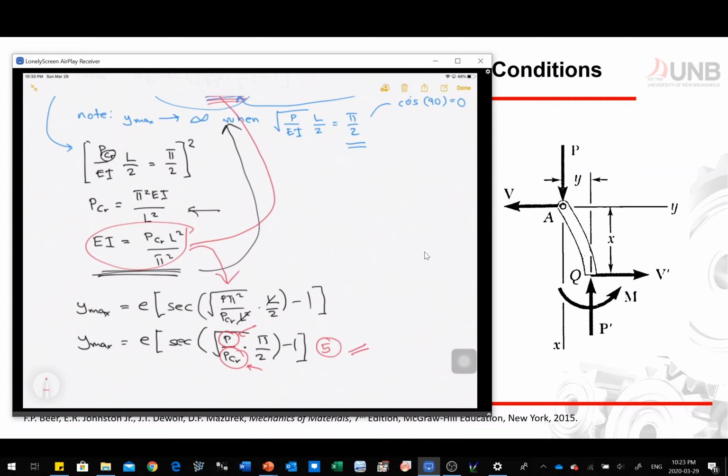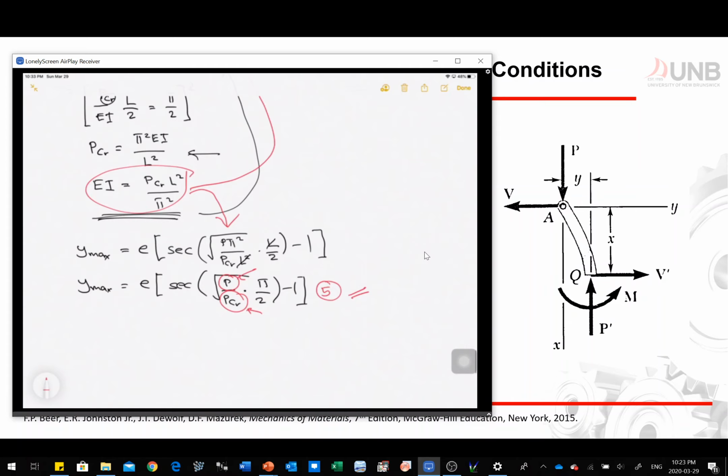In the next slide, we're going to show you the equations that you're going to use to solve different problems. Right now, we are just deriving those equations. I'm showing you how those equations were derived, but eventually we're going to have an example. Now, we are finished with the equation for our y maximum in terms of your load and critical load.